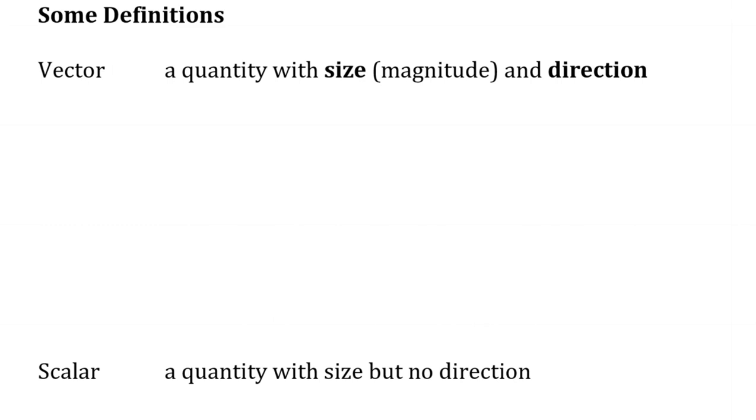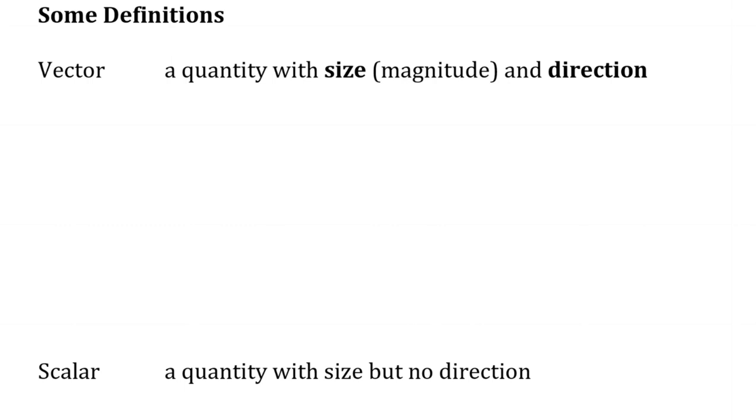In fact, you could think of integers as a simple type of vector. So an integer could have a size of 5 and a direction of either positive or negative. And positive 5 goes one direction, and negative 5 goes the other direction. But in both cases, their magnitude is 5.